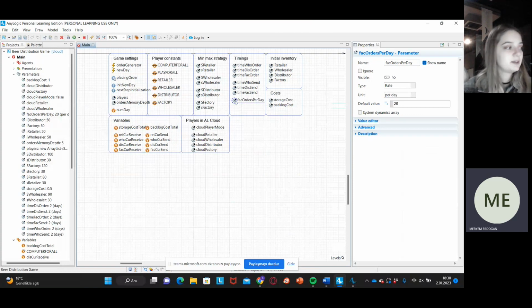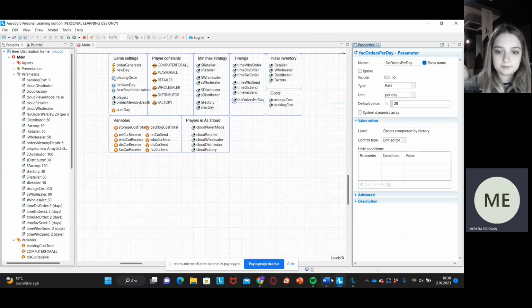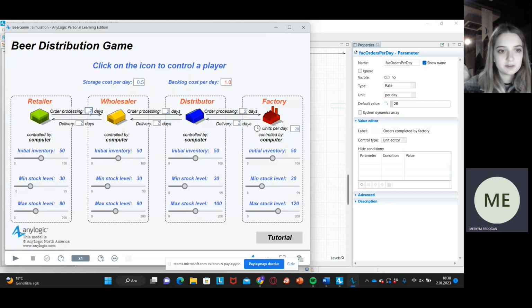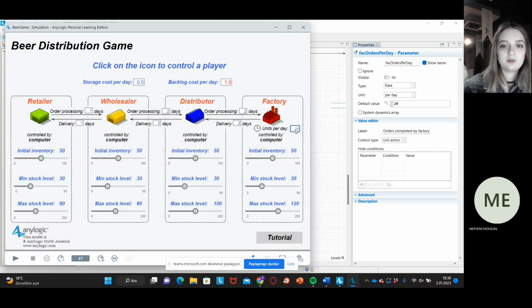The first change is the number of days related to delivery time and order processing time, from 2 to 1. I make this change from here, like one. All of them just one, and this one is just turned to 10.